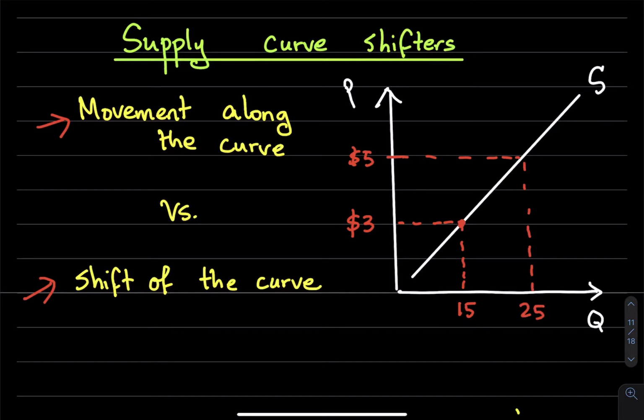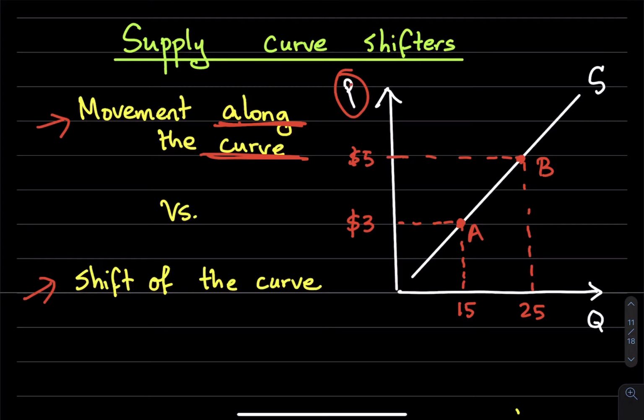Notice that there is a movement from point A to point B because of a change in price. Whenever price, which appears on the y-axis, is changing, there is a movement along the supply curve.